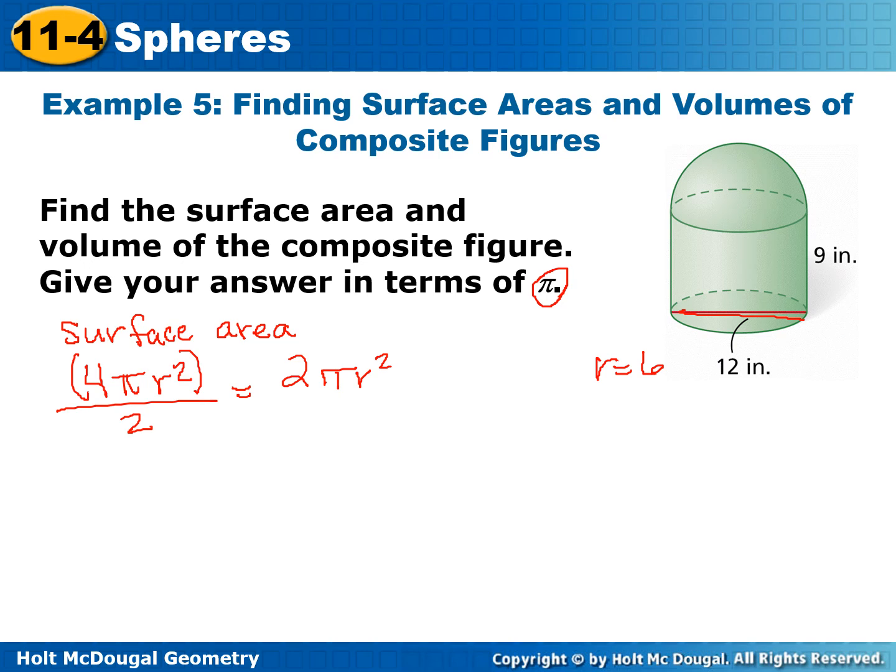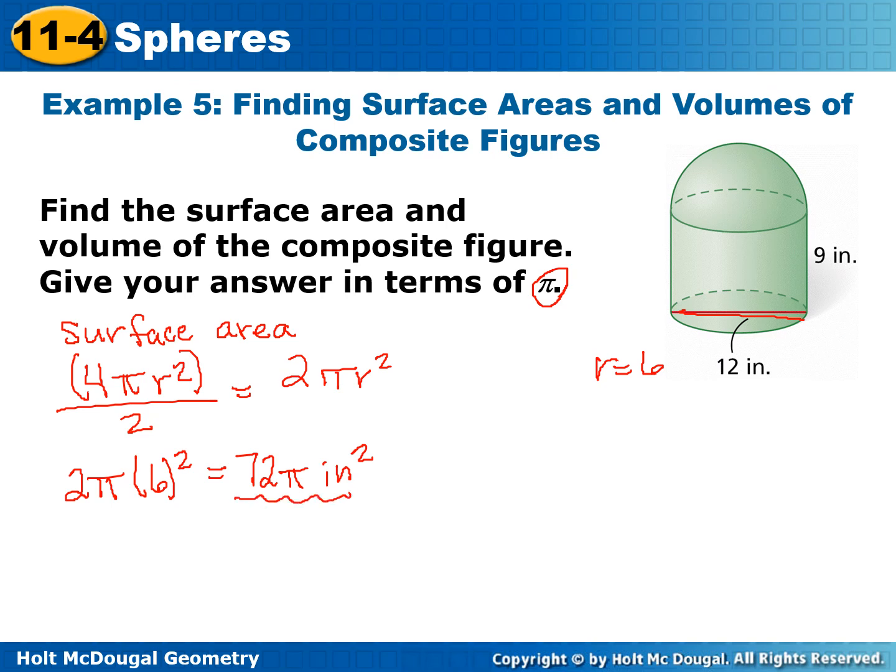So the surface area of the hemisphere is going to be 2 pi 6 squared. That's going to give us 72 pi inches squared.